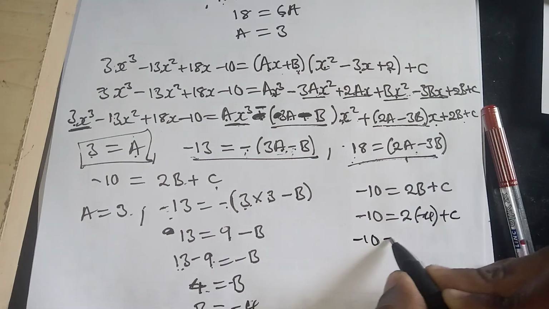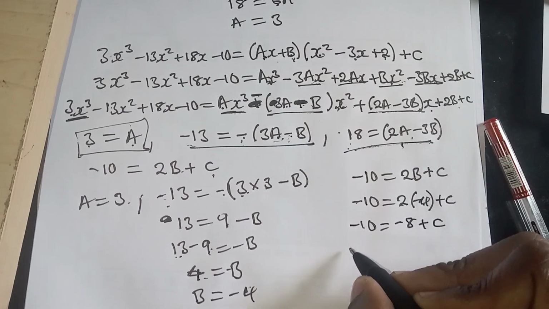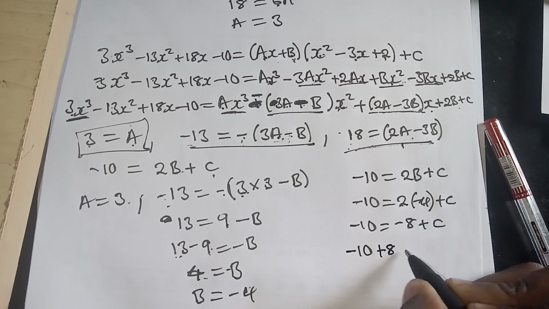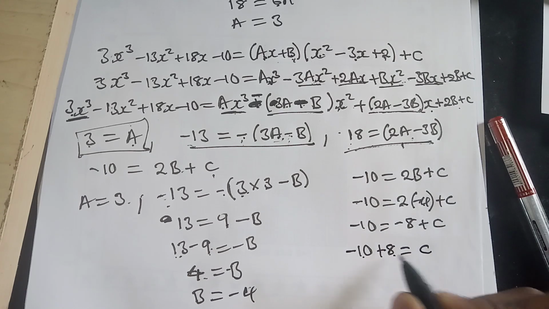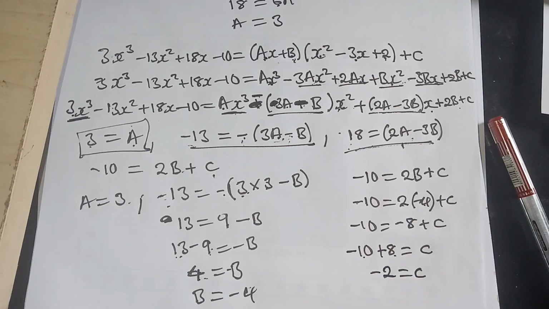We have negative 10, this and this is negative 8 plus c. And then negative 10, you take this one to the other side. You have this and this is negative 2 as our c, just like before again.